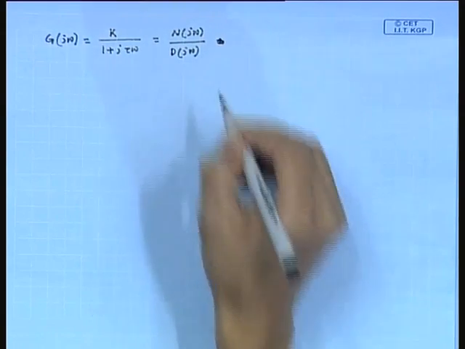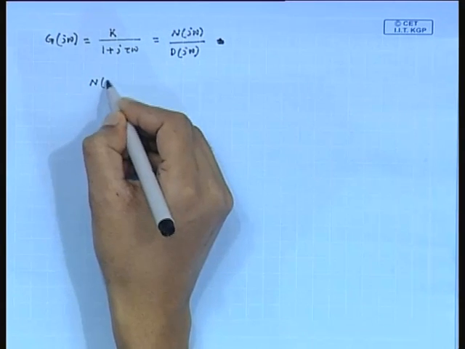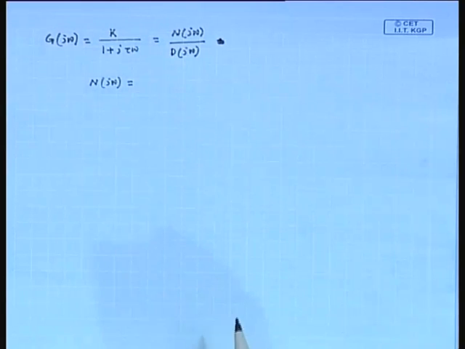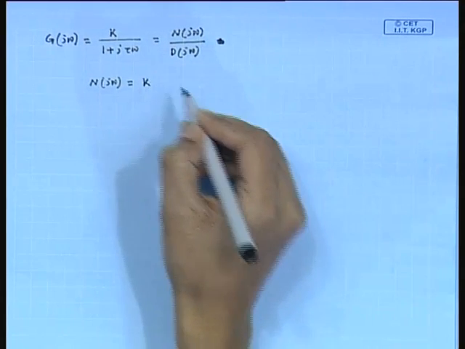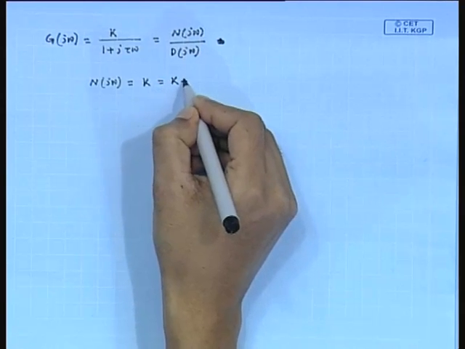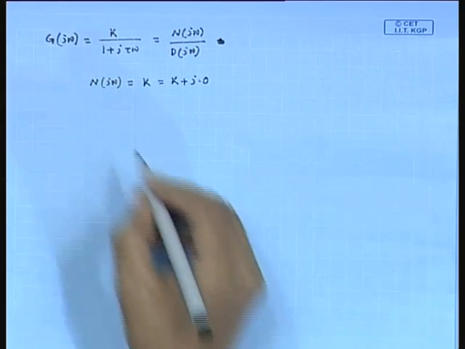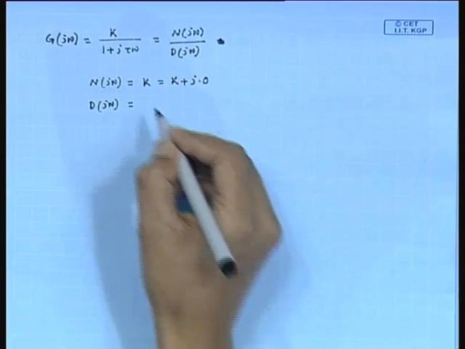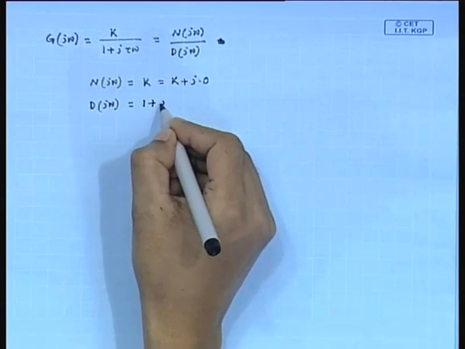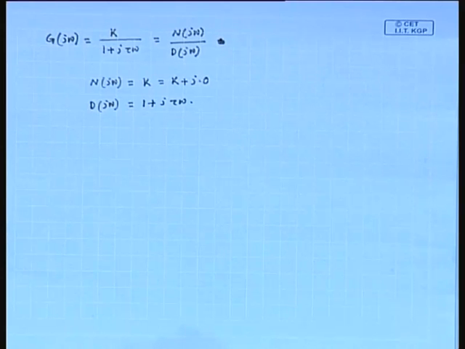Fine. Now, what is N(j omega)? N(j omega) is equal to K. So, we can write this as K plus j multiplied by 0, and we can write the denominator as 1 plus j tau omega, fine.